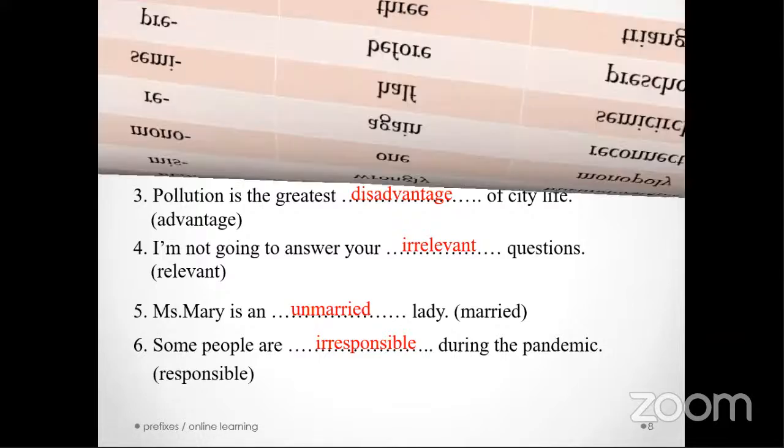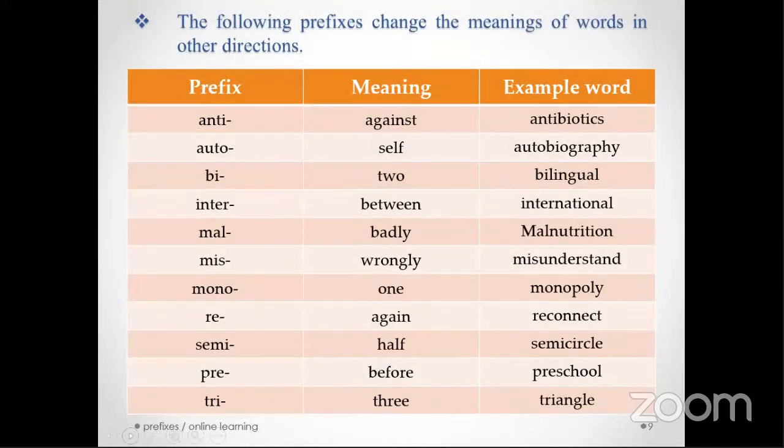And now we are going to learn another set of prefixes here. It says the following prefixes change the meanings of words in other directions, right? Earlier, you learned that the prefixes an, in, im, ir, dis gave only the opposite meaning.